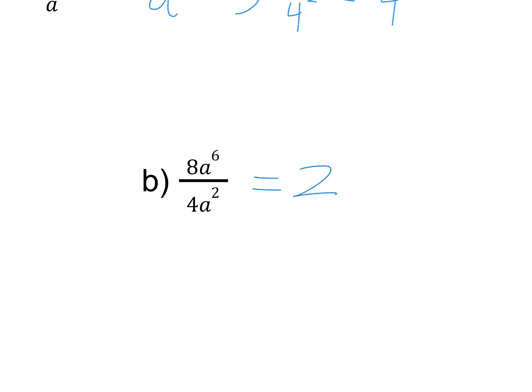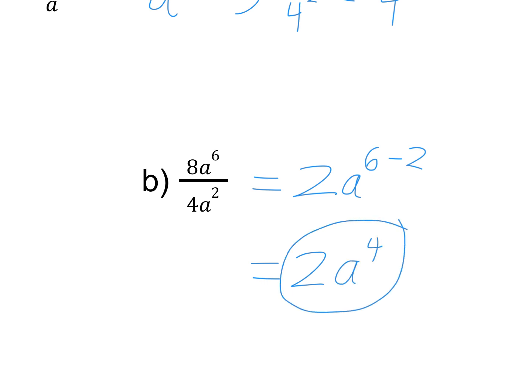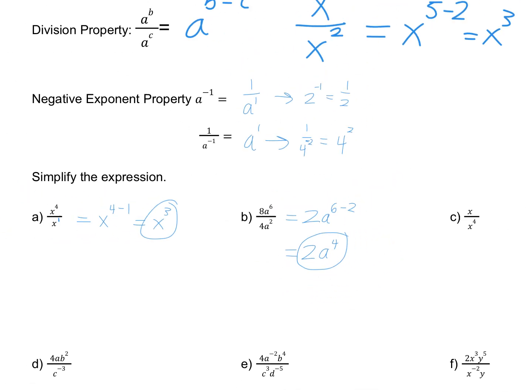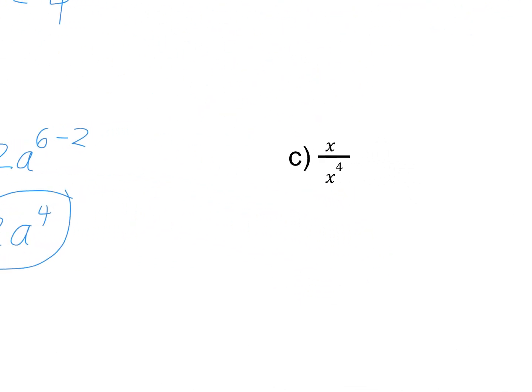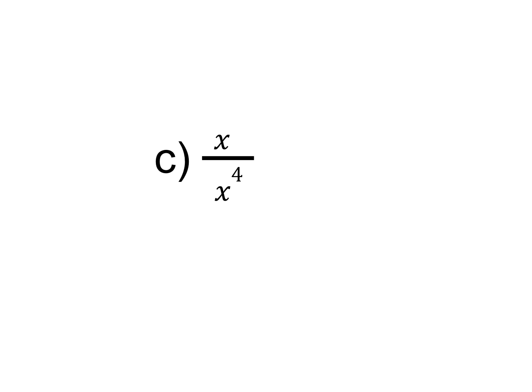Now I have my variable a. My numerator exponent is 6. My denominator exponent is 2. So this would simplify to 2a to the 4th power, 6 minus 2. All right, try C on your own and see what you can get.